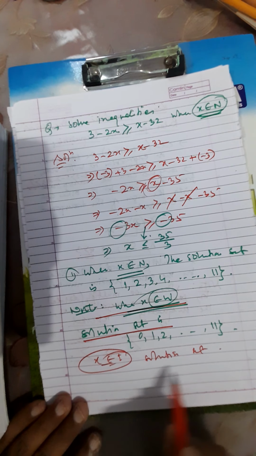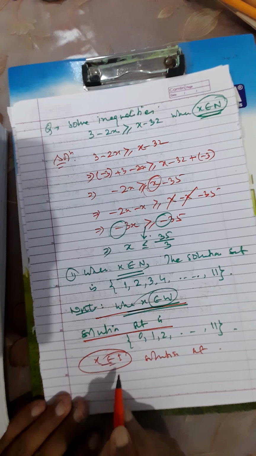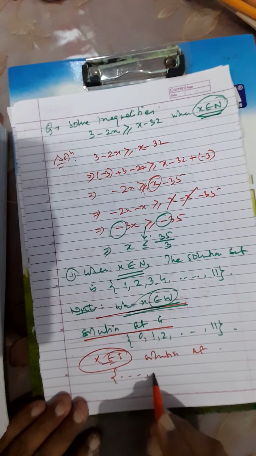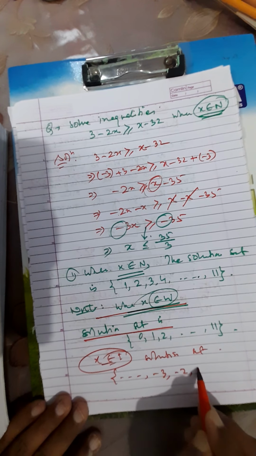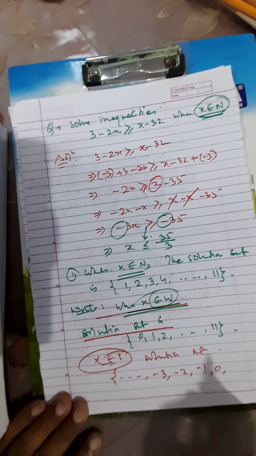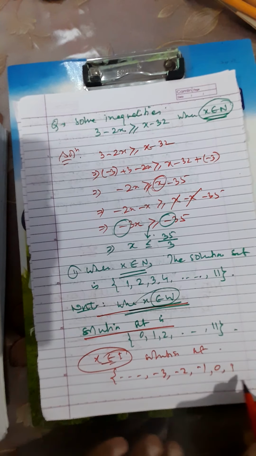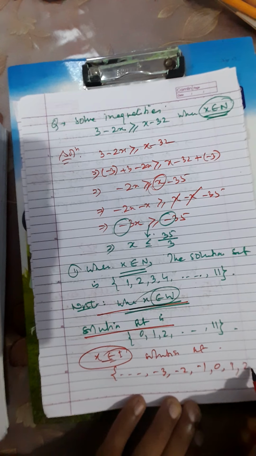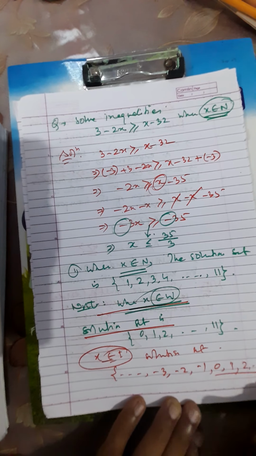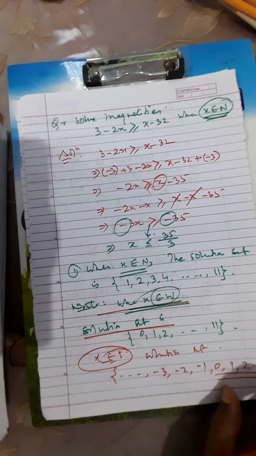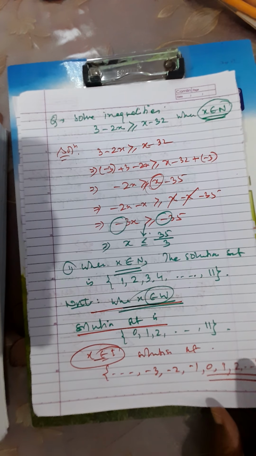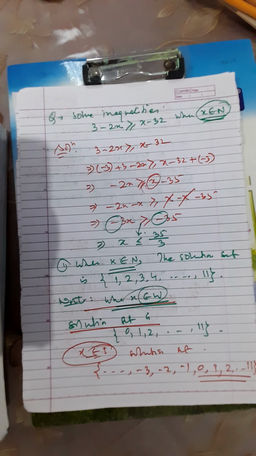Okay, the solution set, what will you write? Minus dot dot dot minus 3, minus 2, minus 1, 0, 1, 2 dot dot dot 11. This is the solution set. In this we have to solve what? Inequalities. Clear? Next question, see.